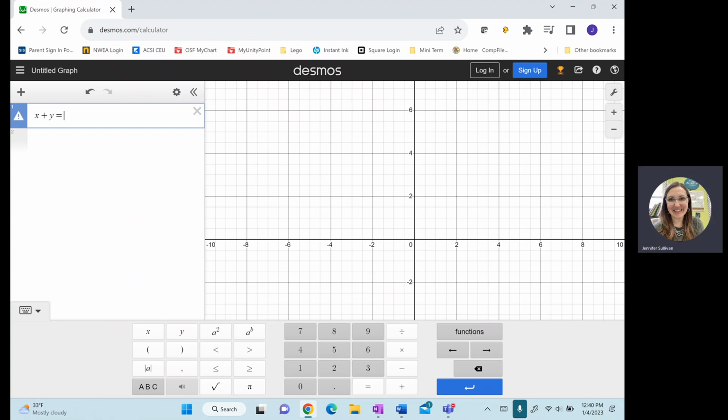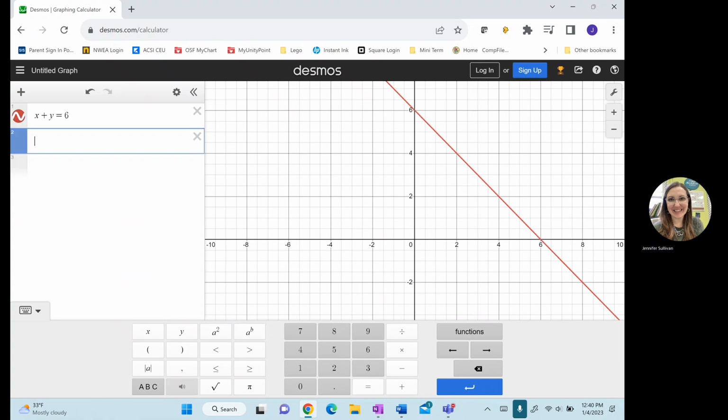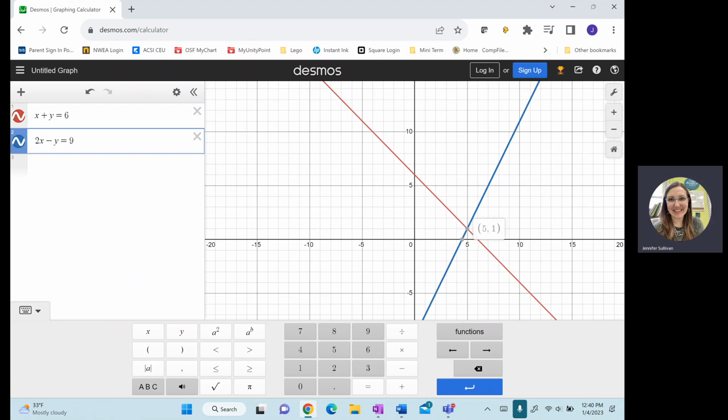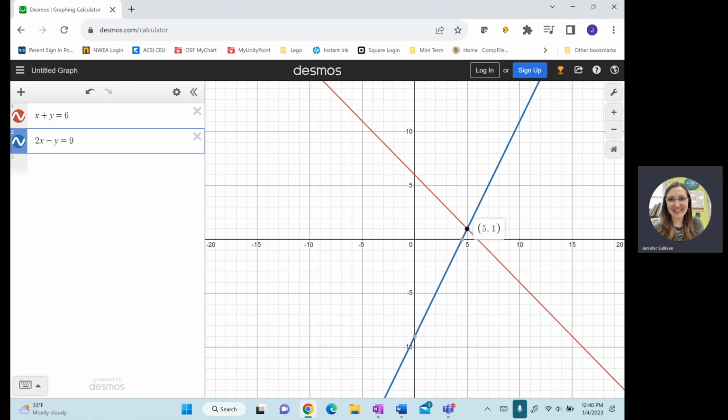X plus y equals 6. And then our other equation was 2x minus y equals 9. And then we were checking the point 5, comma 1. So do they cross at 5, 1? Yes, they sure do.